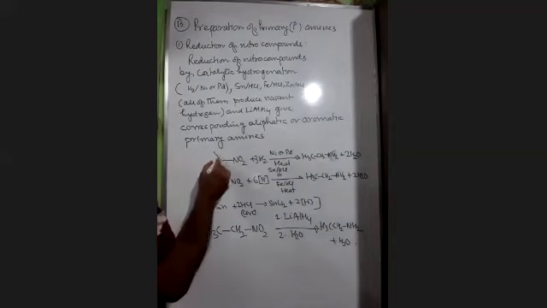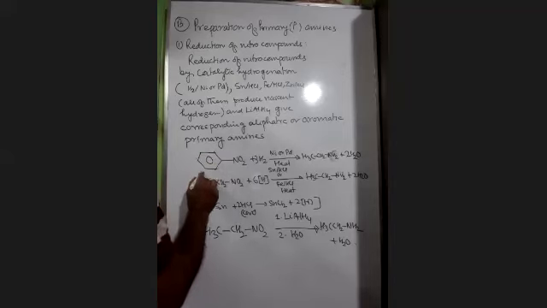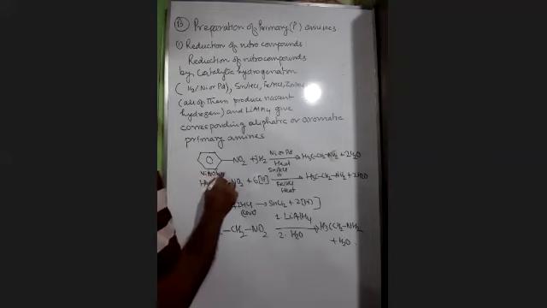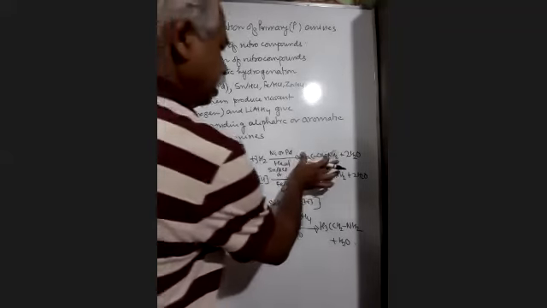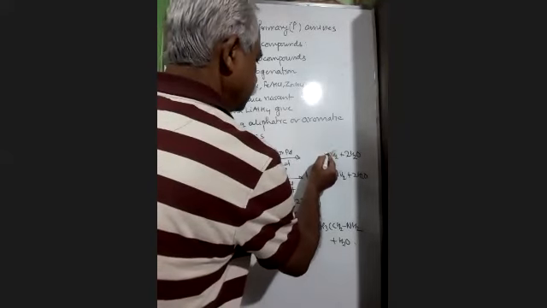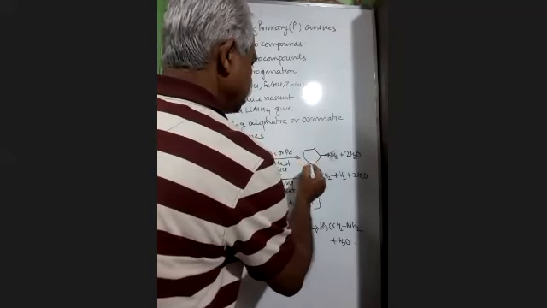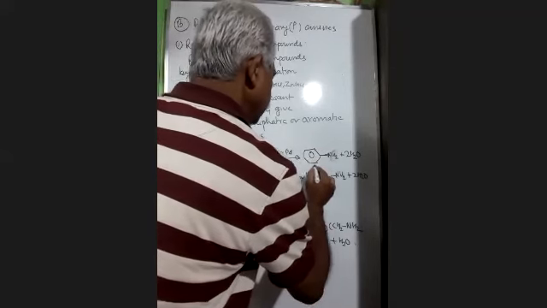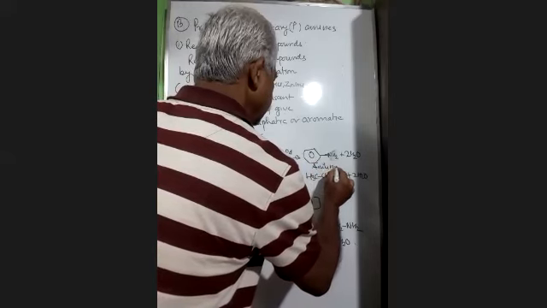Suppose I have taken this. So this is called nitrobenzene. What will you get here? See, this method can be used for preparation of aliphatic and aromatic amines.